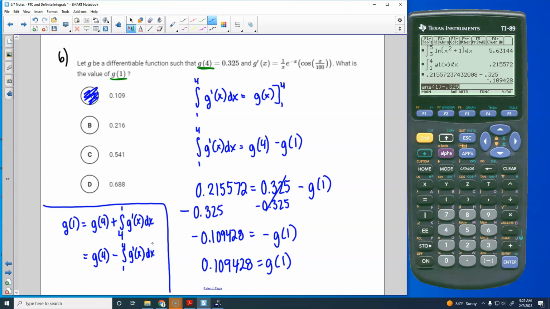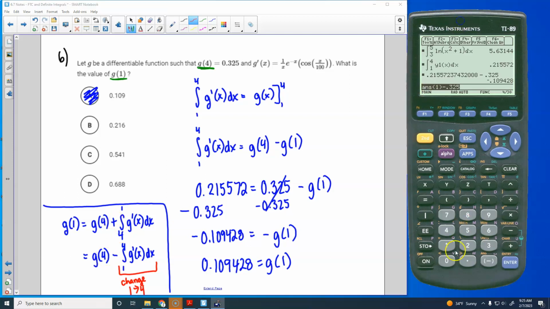Because, see, this part right here, the integral from 1 to 4, if we have it in order, tells me change from 1 to 4, right? Our change in f of x from 1 to 4. So if I'm starting at 4, I need to go backwards from that. So I have to subtract that change because I'm going back to 1 instead of adding that to it. Or I can do the integral backwards, which will give me change from 4 to 1. And if you do it that way, you can add.